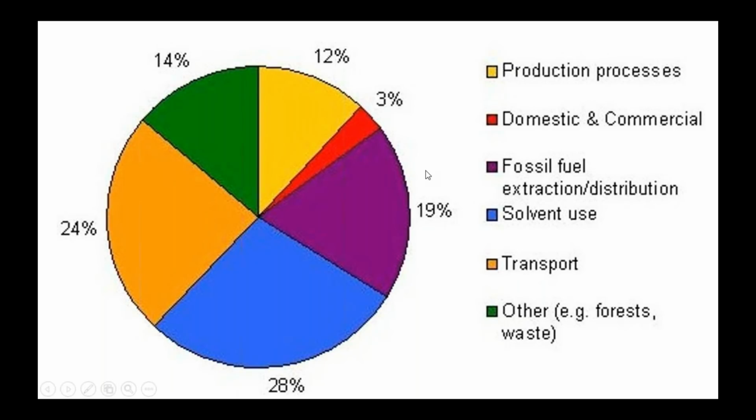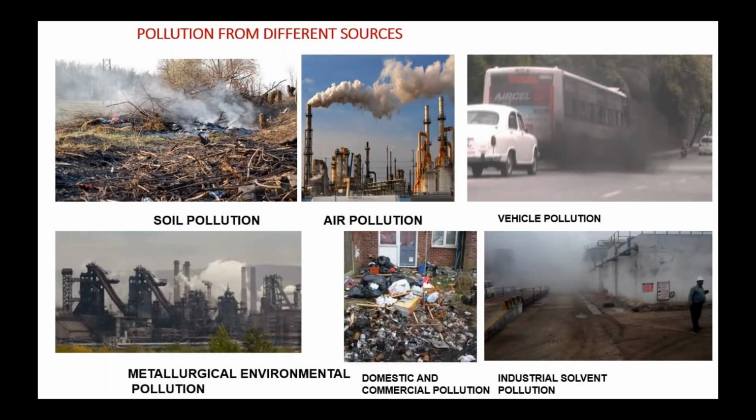First of all, we should be very clear about the different sources of pollution, the different types of pollution. So soil pollution, air pollution, vehicle pollution, metallurgical, environmental pollution, domestic and commercial pollution, and industrial pollution. Industrial pollution occupies a major share. Vehicle pollution also occupies a major share. Beyond this, soil, metallurgical, and domestic and other commercial sectors are also polluting the ambient air quality, such that a human cannot live.